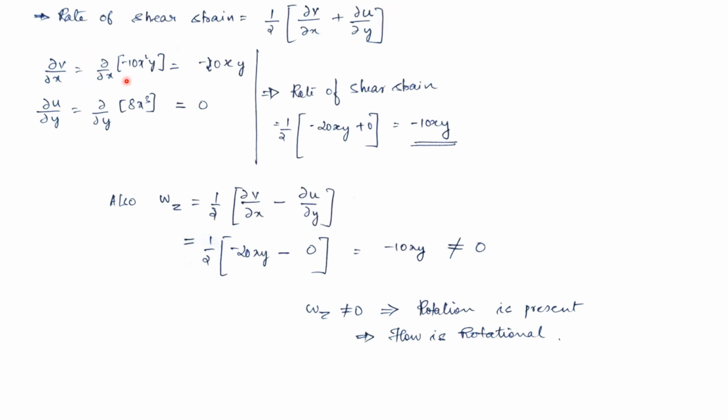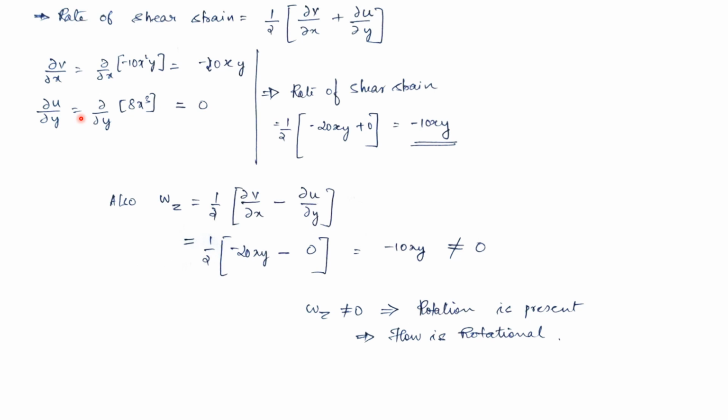So dou v by dou x means minus 10x square y with respect to x. Differential of x square with respect to x is 2x. So minus 10 into 2xy, that means minus 20xy. This is your dou v by dou x, the first term. Then dou u by dou y.